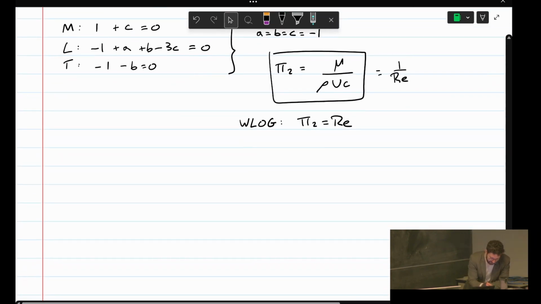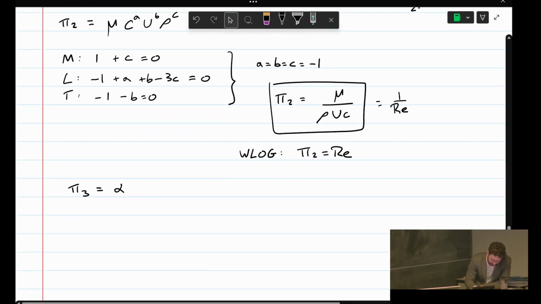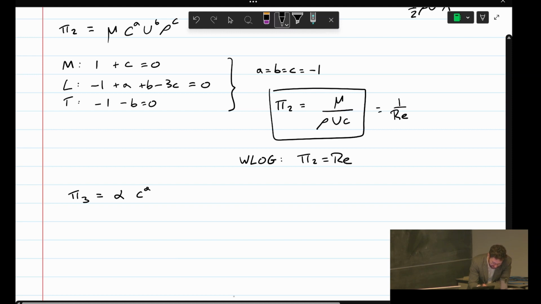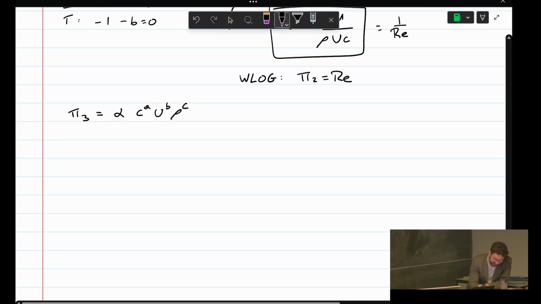Okay, now pi 3, our last non-repeating variable is alpha, which is unitless. So I'll show this the first time, but you don't need to show this every time. Basically, since alpha is unitless, this is just going to yield a equals b equals c equals 0.